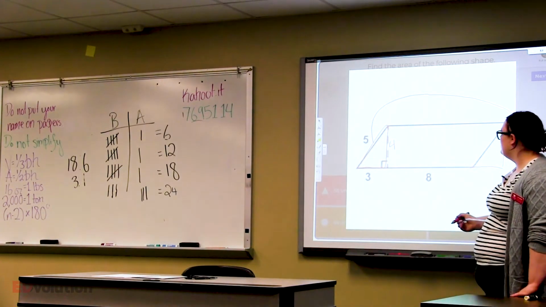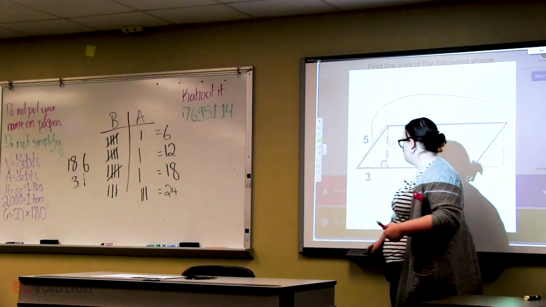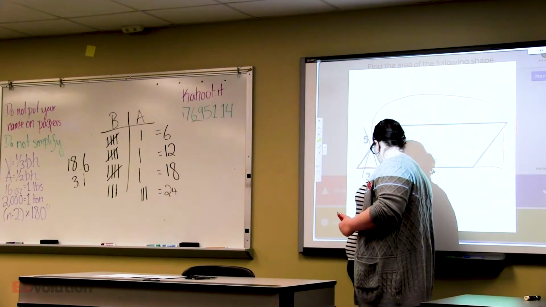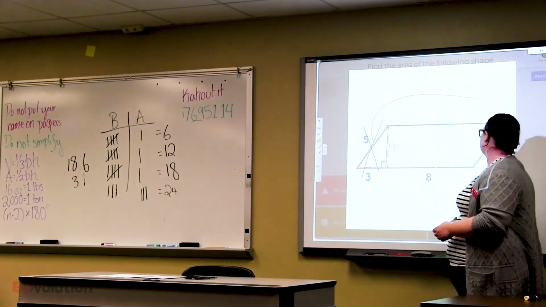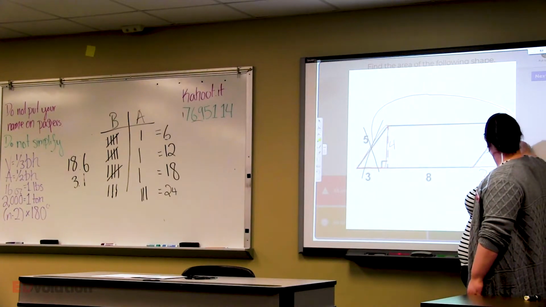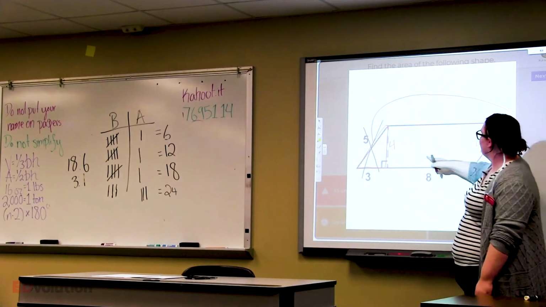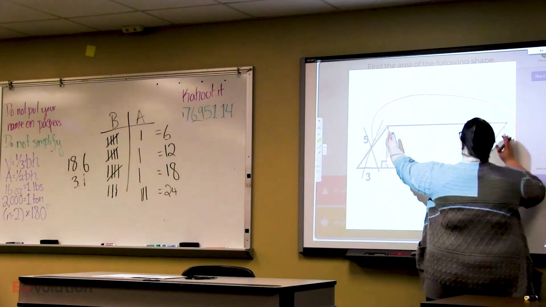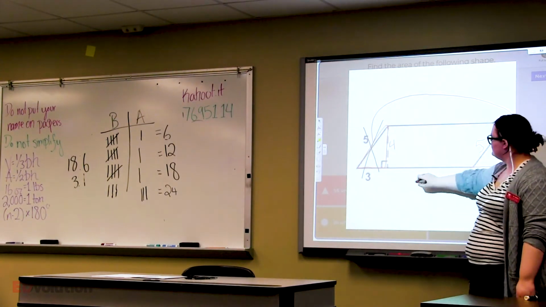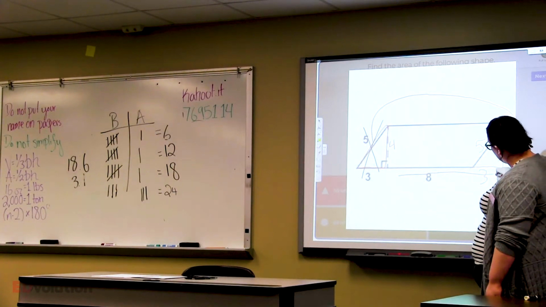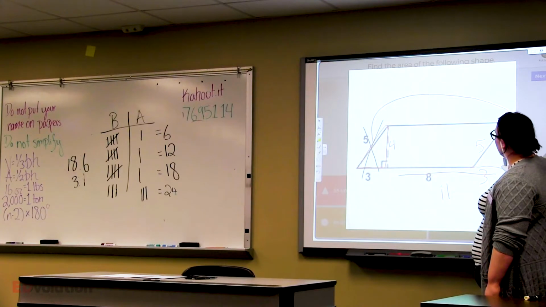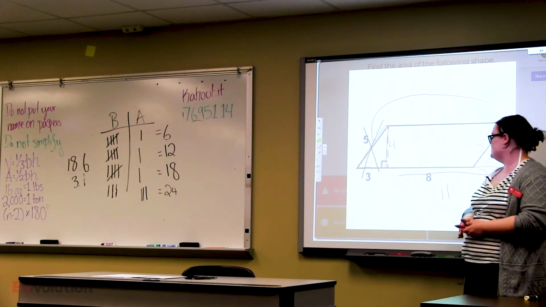So then we're going to forget that this part was ever right there. So we're only looking at this little chunk right here. So 8 plus 3 makes this whole length 11, times 4 to find the area equals 44 units.